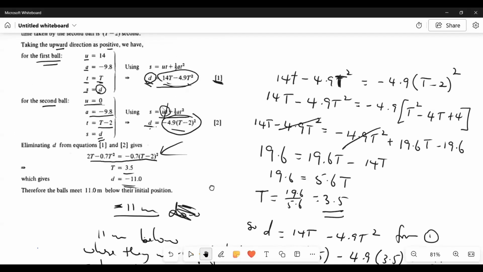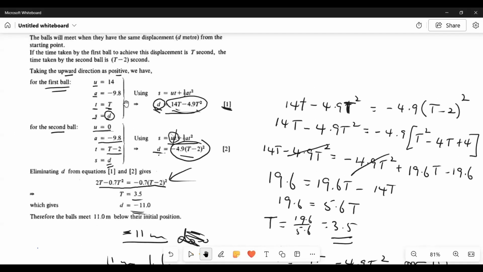If you go back here, where it says the time taken by the first ball to achieve the displacement or the distance where the two of them meet, we're calling it t, right? It's the time that first ball takes to meet up with the second ball.